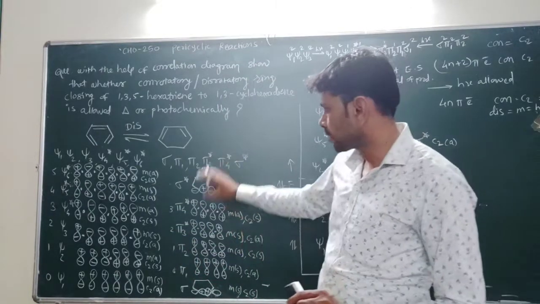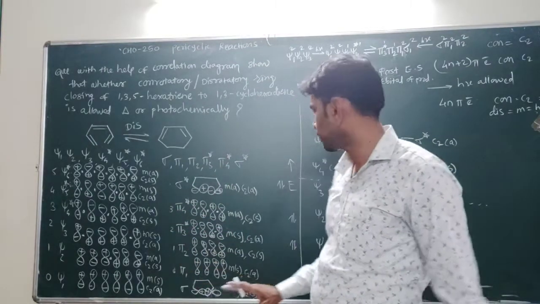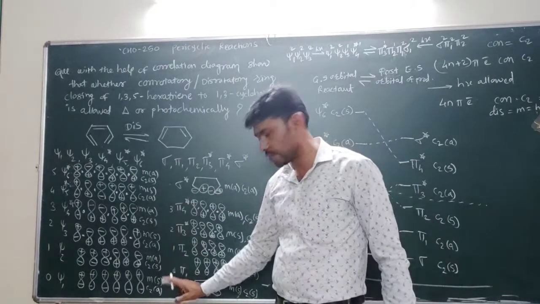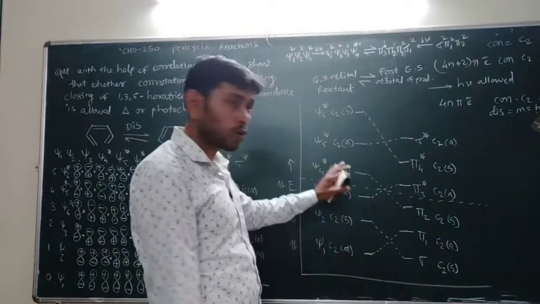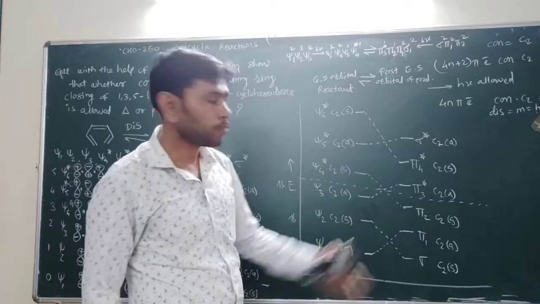All these steps remain the same up to here. Then again draw the reactant orbitals and product orbitals separately.